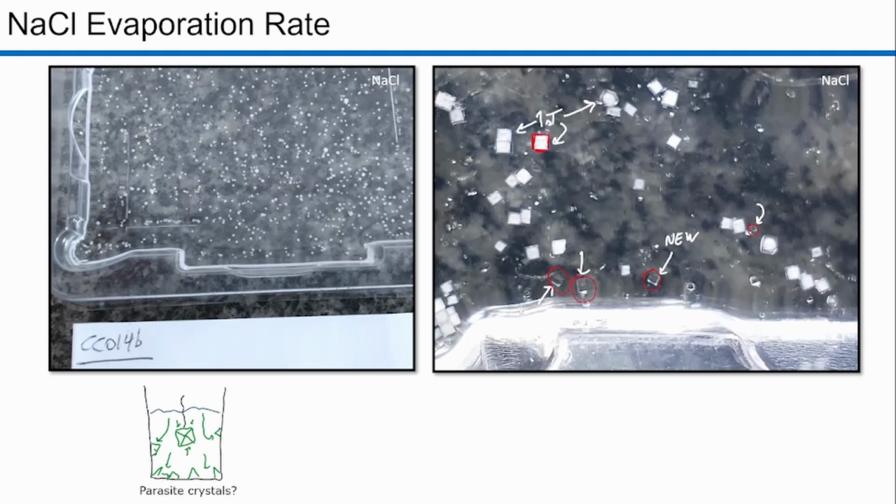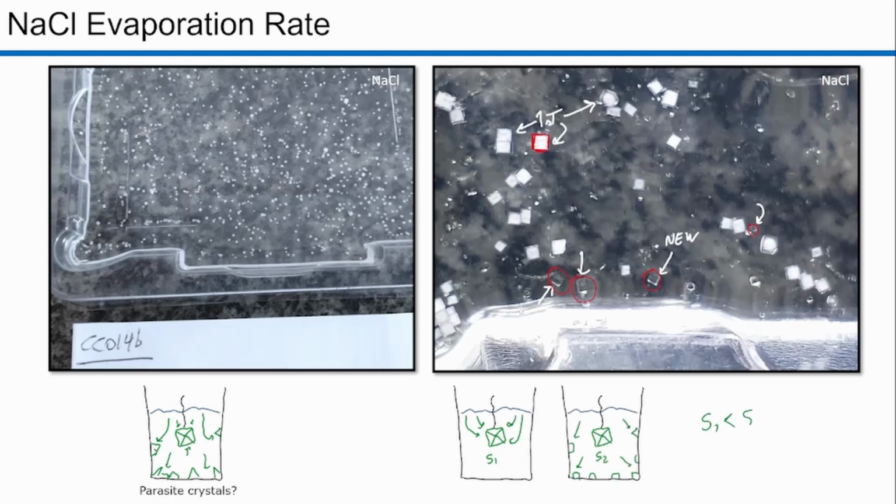But actually, these parasite crystals are getting the excess of the solution, so they are helping your crystal to grow in a controlled manner. So I prefer to call them buffer crystals.